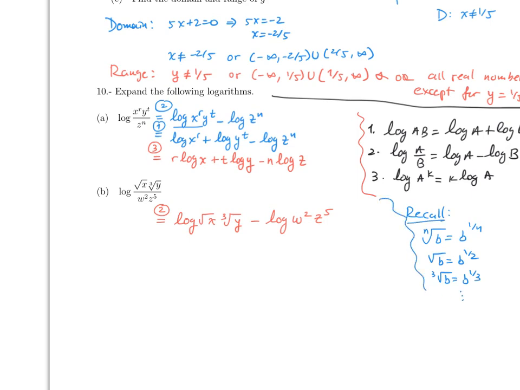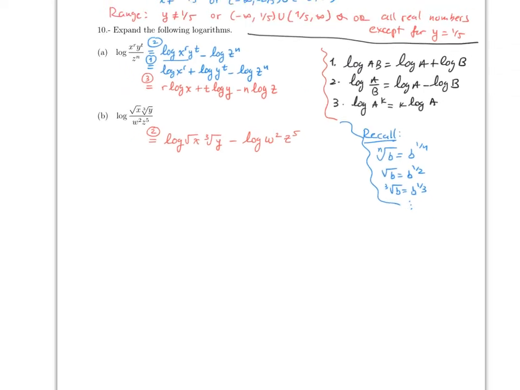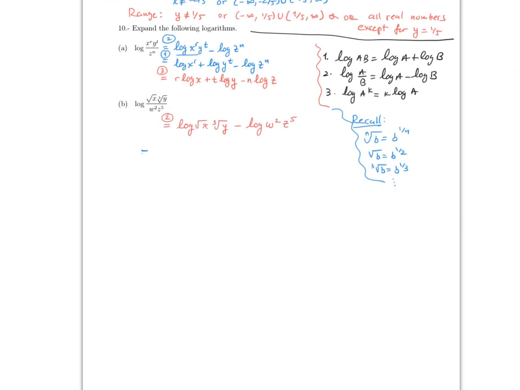Okay. All right, so if we use that, then this is going to be the same thing as log of x to the 1/2 plus log of y to the 1/3. So this is by property number 1, minus log of w squared plus log of z to the 5th power.